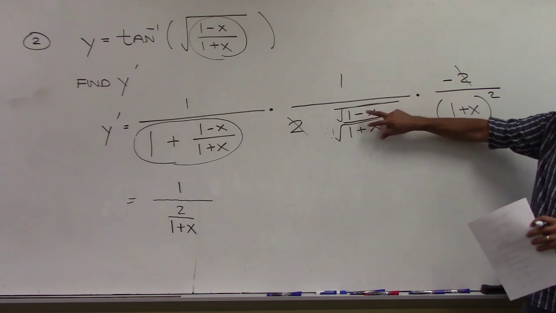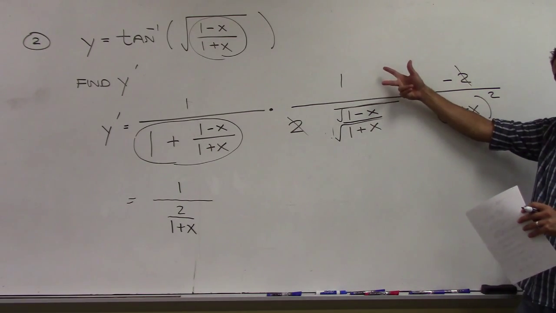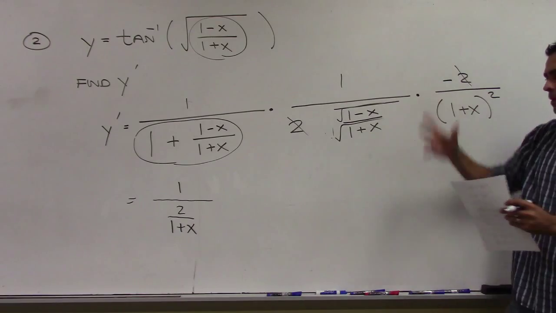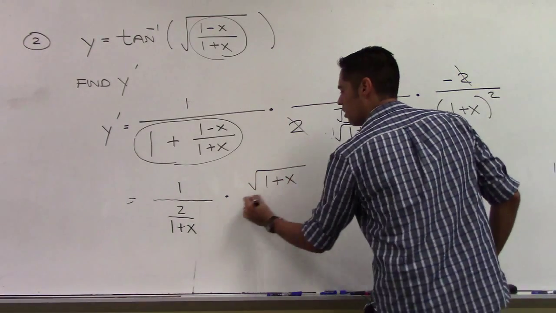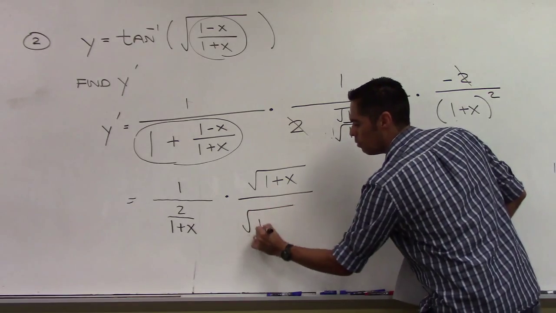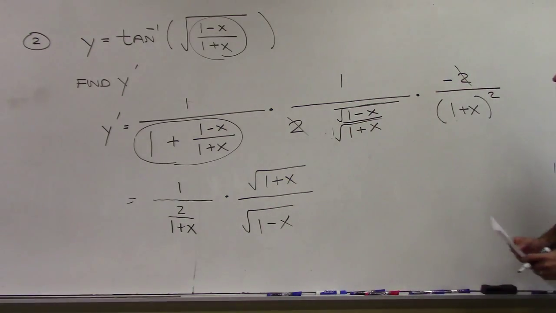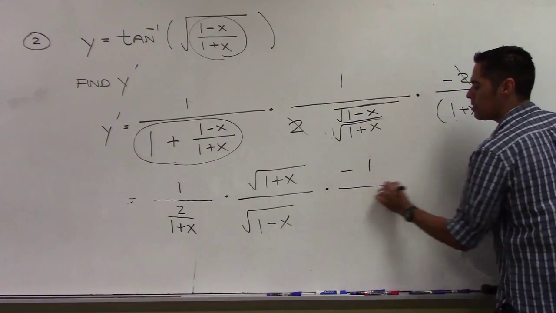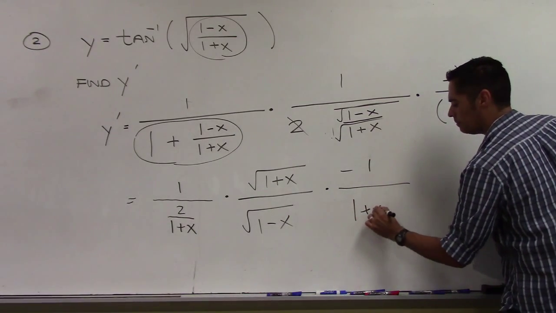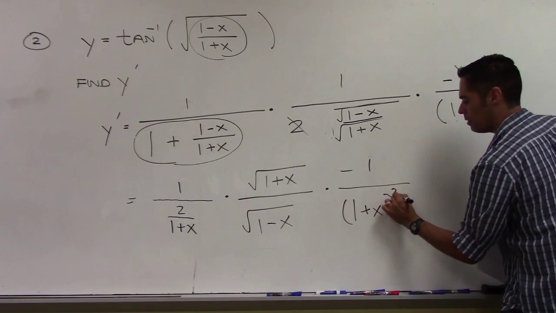And then you have 1 over a fraction, which is the same as the reciprocal. So this whole thing's just going to flip, and it's going to turn into this. Square root 1 plus x over square root 1 minus x. And then this one out here times, there was a negative 1 up top still, 1 plus x quantity squared.